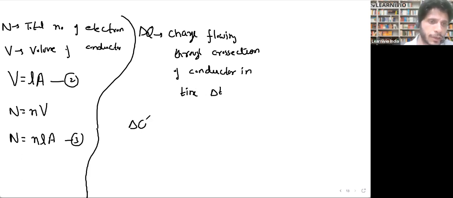See, charge on one electron is e. Because in time t, all N electrons are moving from one end to another, Sania, how much is the charge on capital N electrons?